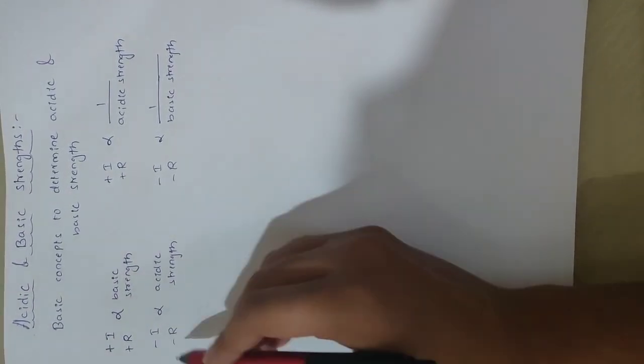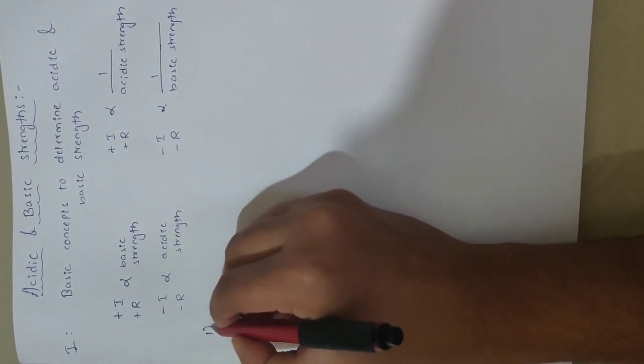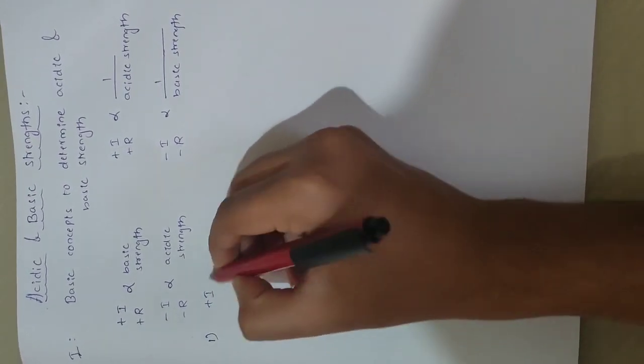Our next step is how to identify the plus I, plus R, minus I or minus R effect. First you should see the identification of the groups, starting with the plus I inductive effect.